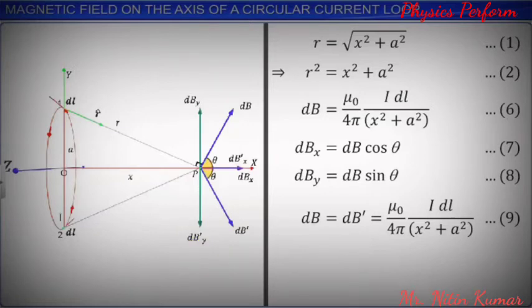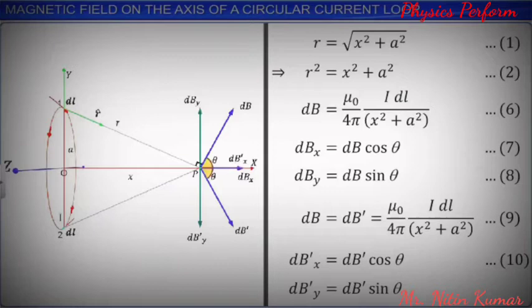Here, dB dash x is equal to dB dash cos theta. Let this be equation 10. And dB dash y is equal to dB dash sin theta. Let this be equation 11.